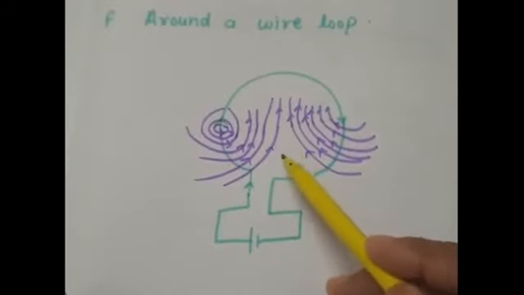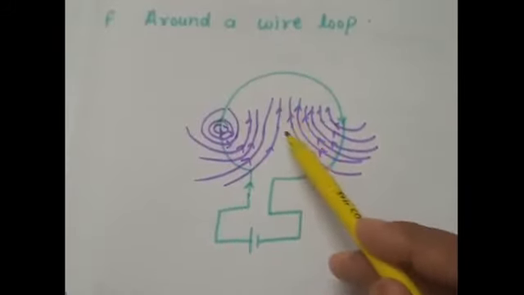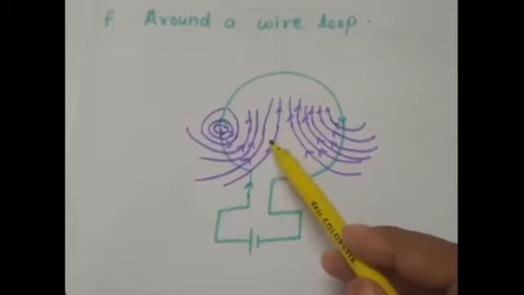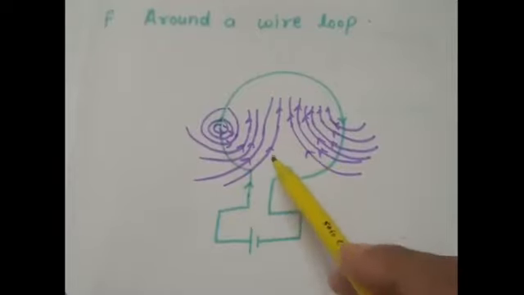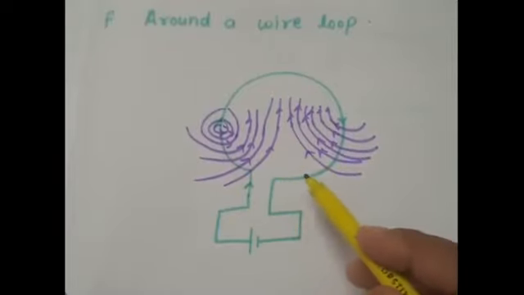That means we'll get a straight line in the center of the circular loop. So this is the way to represent the magnetic field lines in a circular wire loop.